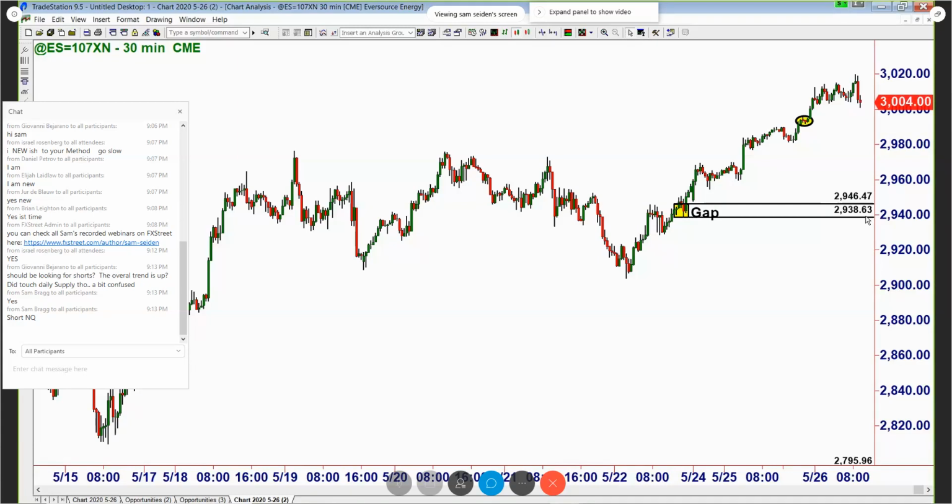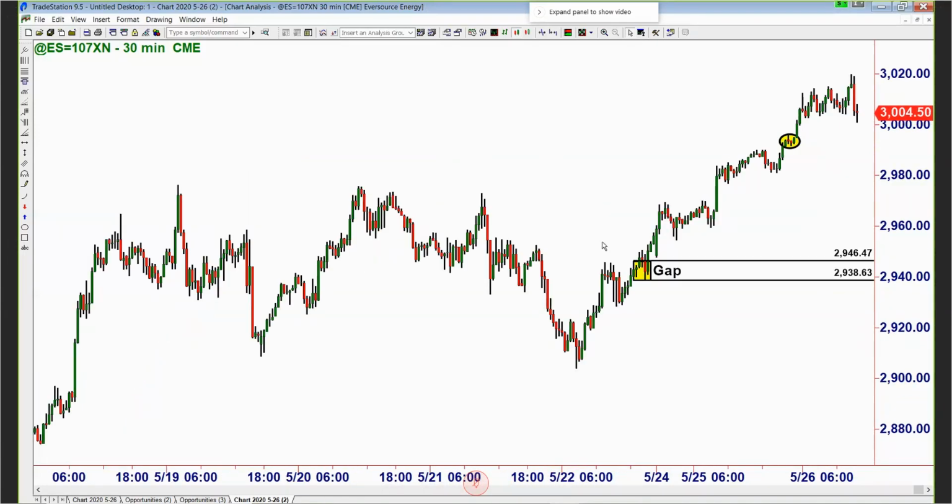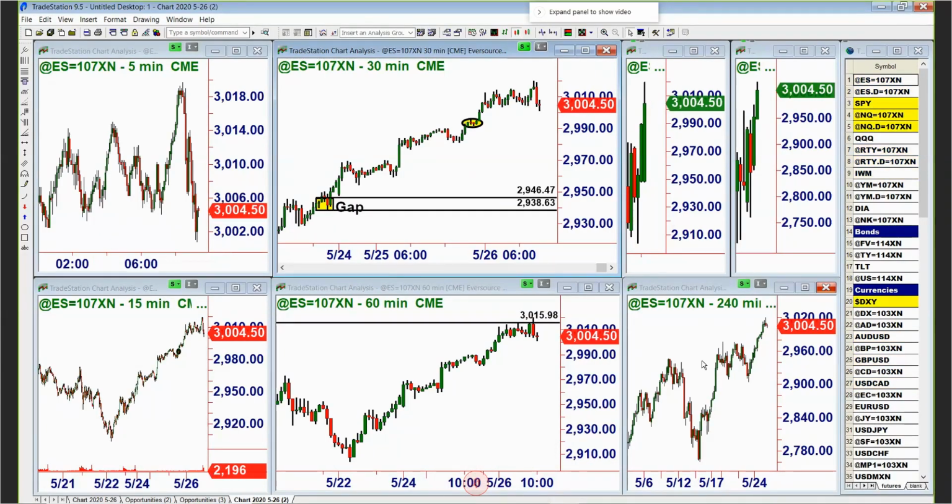But we'll see once price gets there. The much higher probability demand zone is our gap demand zone below 29.47. Okay. All right, let's keep moving.